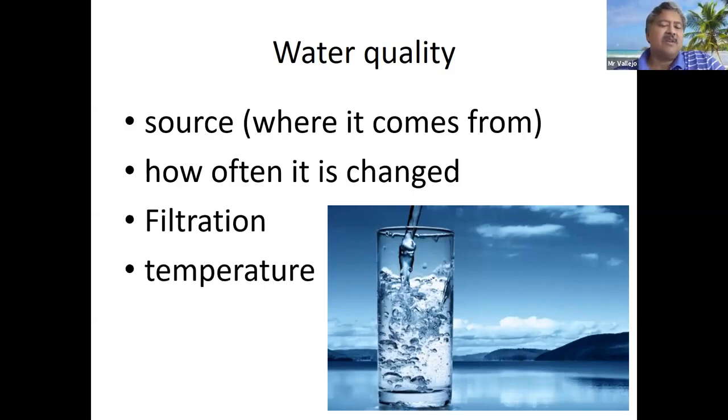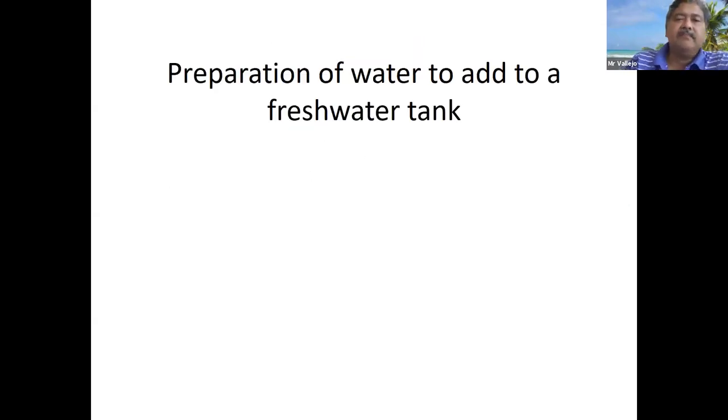You also will learn about filtration in a later lecture, and also the temperature of the water. For fish that we'll be keeping in our aquaria, they need to be about 70 degrees or so, which in Los Angeles can happen, but usually you also need a heater in your fish tank just in case the temperature drops lower, as it does several months of the year.